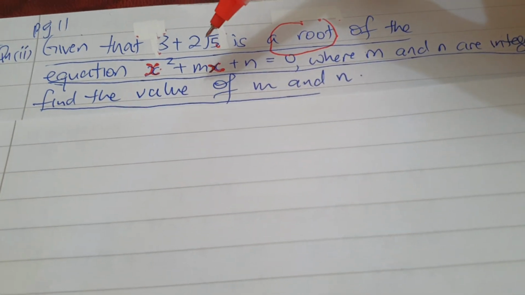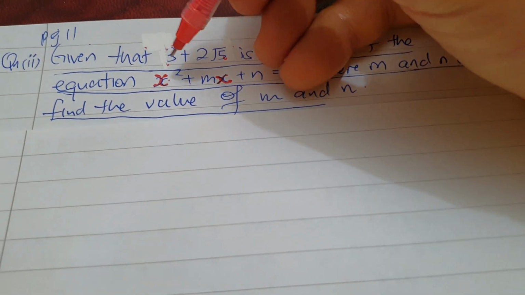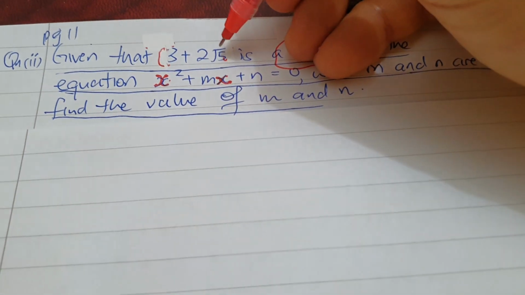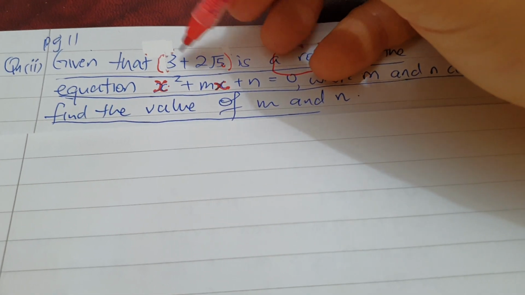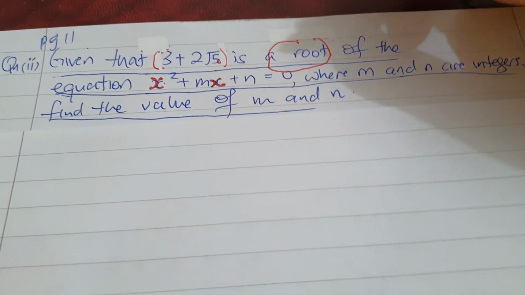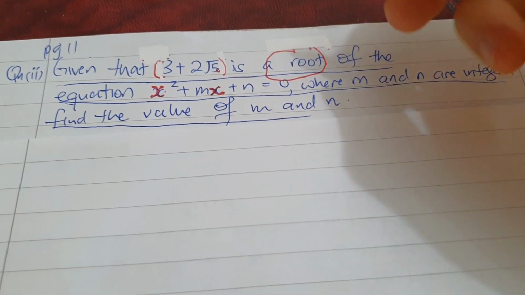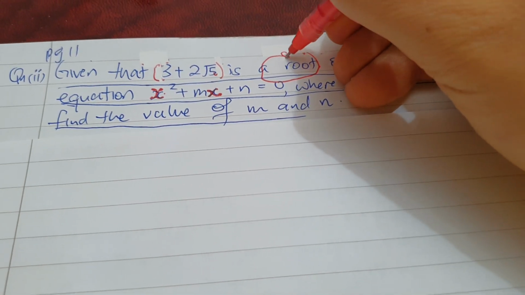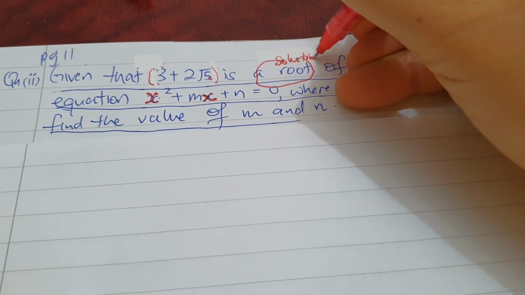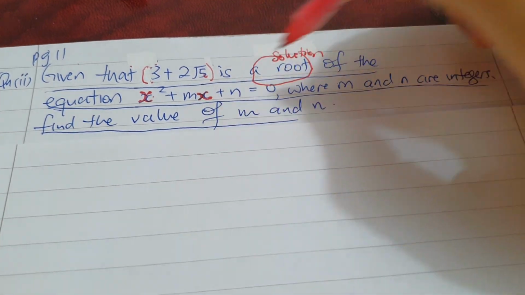Okay? So if you were to read this question, the question is telling you that this value, which is a value with surds, is a root. What does it mean by a root? A root means a solution of this equation. Now, what do you mean by solution of this equation?